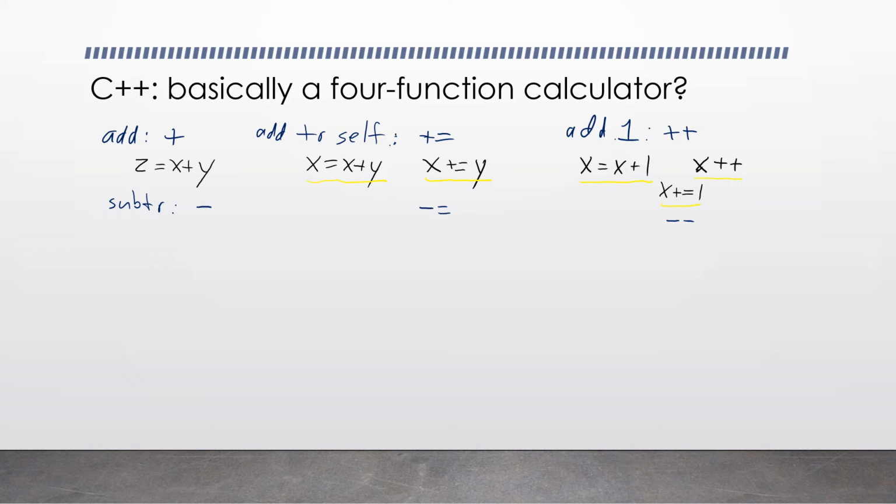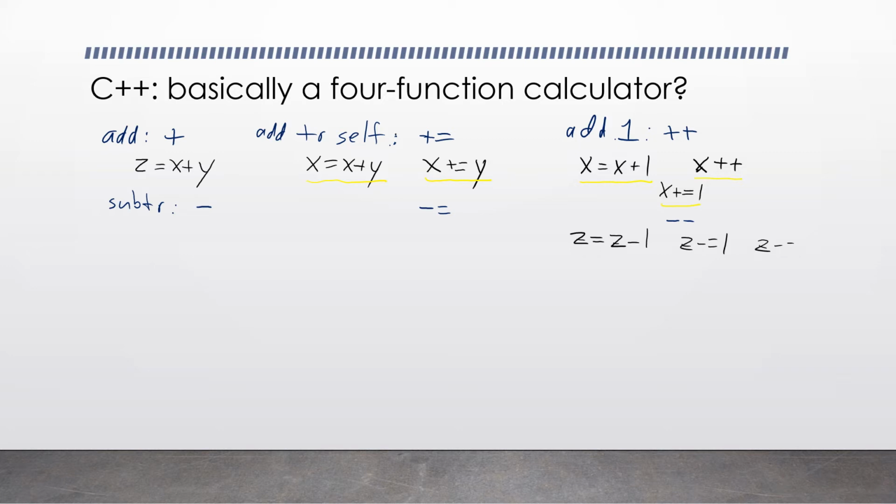So again, we could come here and say z equals z minus 1, or z minus equals 1, or z minus minus, and those are all perfectly equivalent statements in C++. Okay, so those are adding and subtracting.